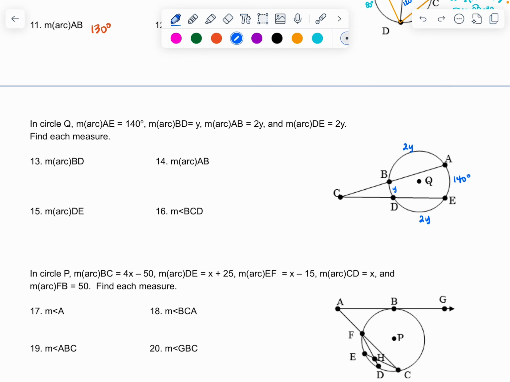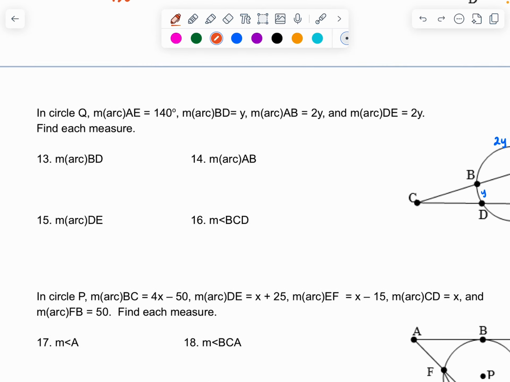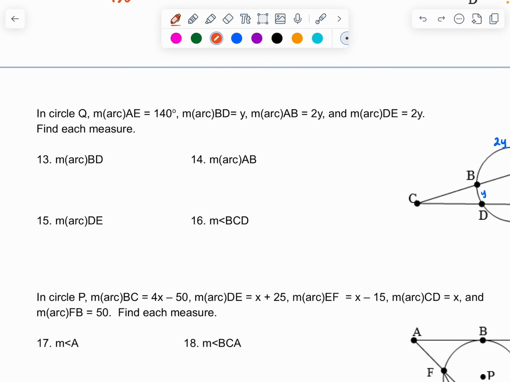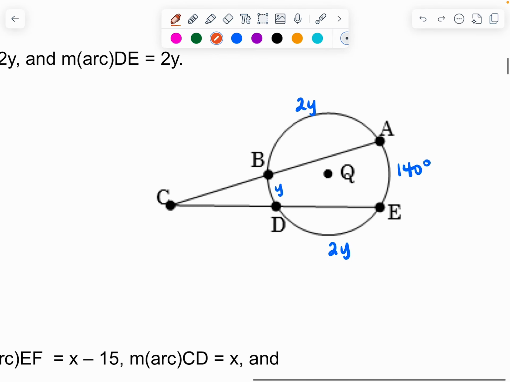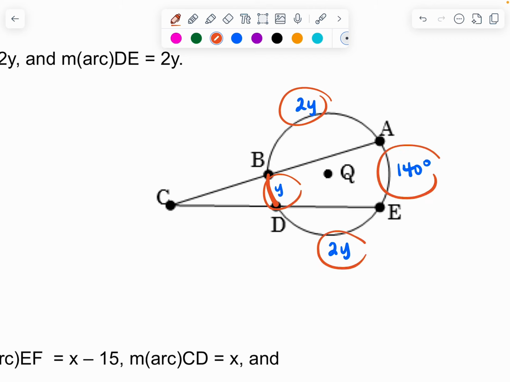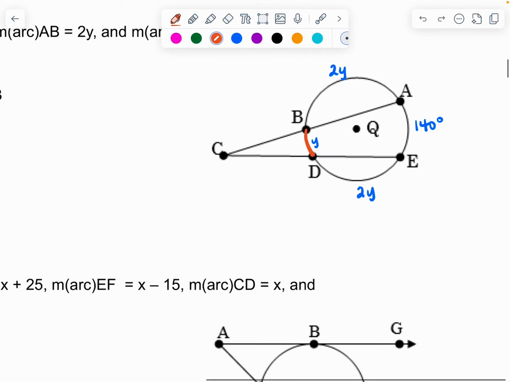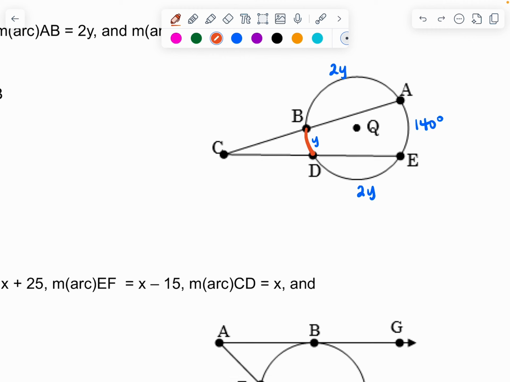Here we go. I'll go in order this time. Find the measure of arc BD. Okay, well, that's this guy right here. So that means I'm basically solving for y. That's going to be pretty easy to do because we have an algebraic expression for every single arc that makes up the total circumference of this circle. So I can simply add up all the pieces: 2y plus 2y plus y, which is 5y, plus the 140.